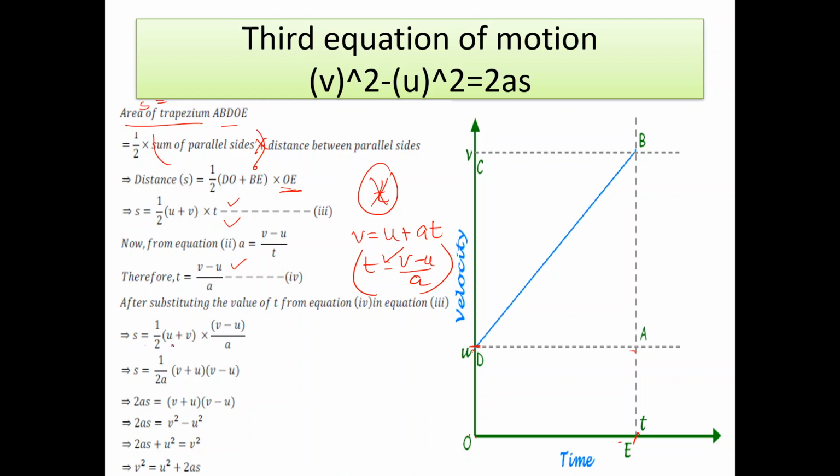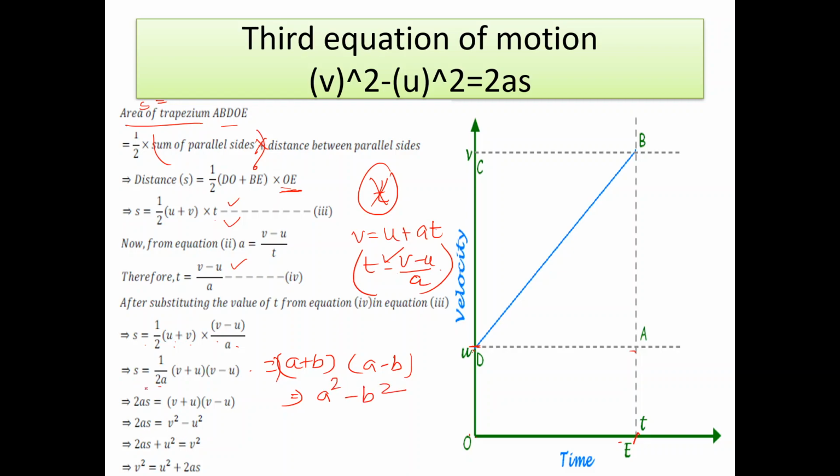S is equal to half into u plus v into, what is the value of t? v minus u by a, and simplify. So S is equal to 1 upon 2a into v plus u into v minus u. This is in the form a plus b into a minus b. So what is a plus b into a minus b? You get the value a square minus b square.